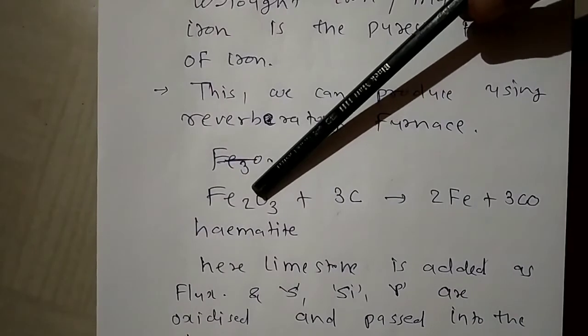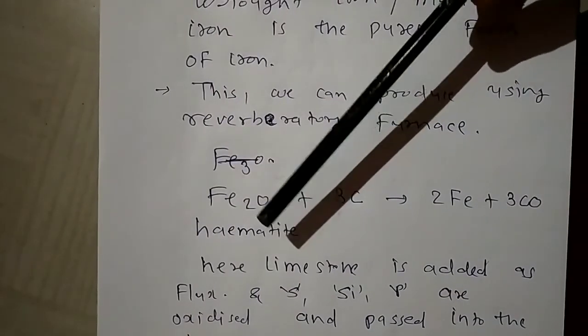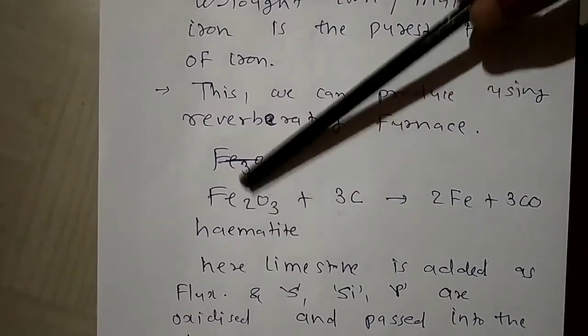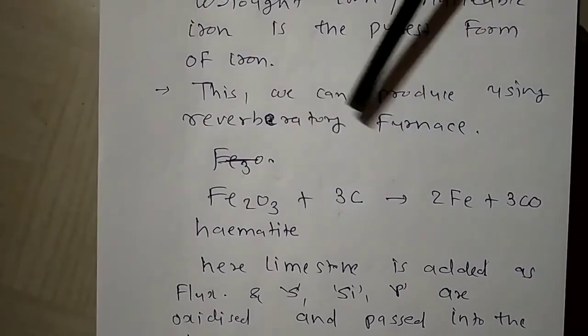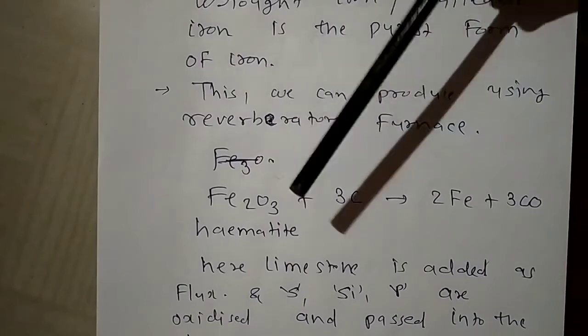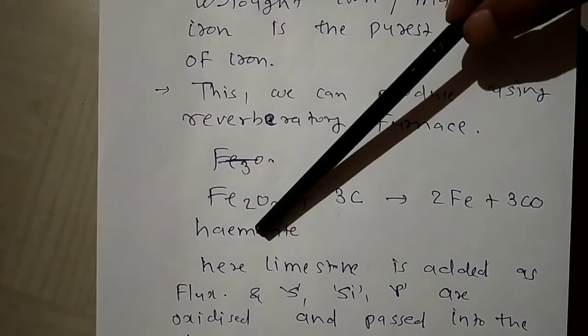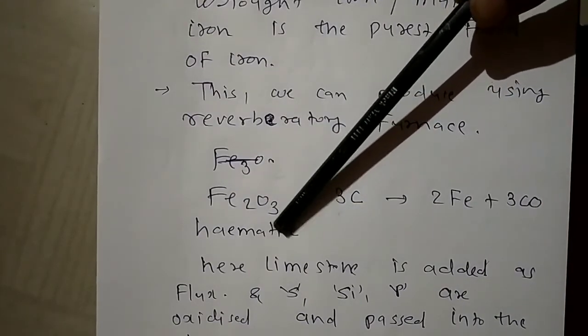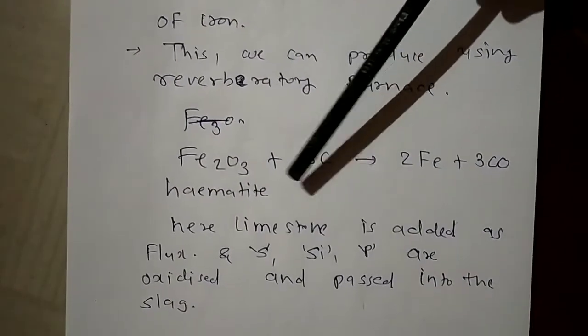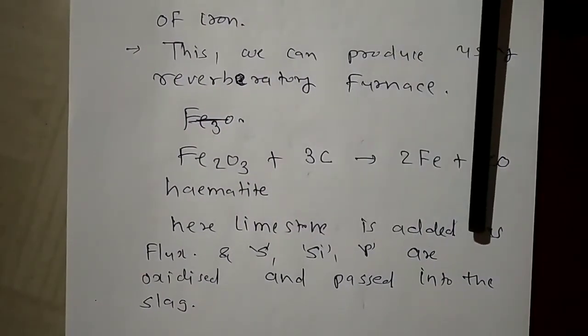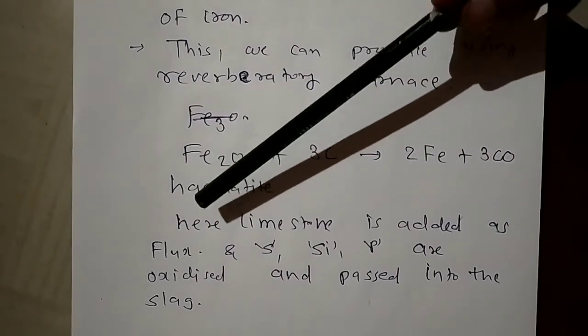Now Fe2O3 is hematite. So we are using hematite as the starting material in the reverberatory furnace. Here also limestone is there, and it is used as flux.